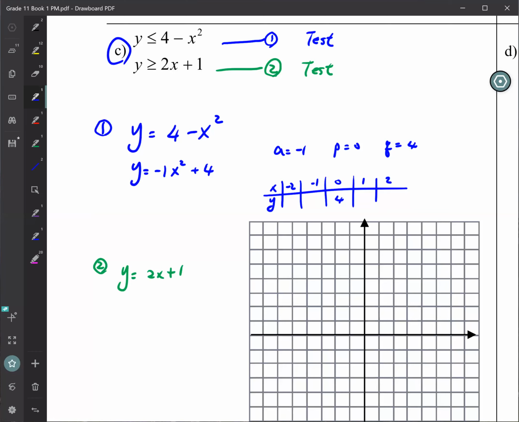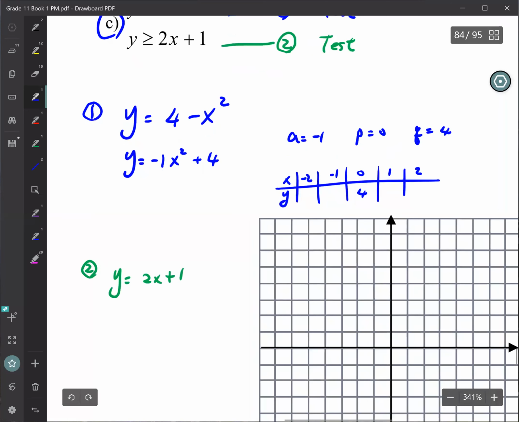Okay, Jenny, what's your value for y, from left to right? I have 0, 3, 4, 3, 0. Thank you. Looks good. So let's plot that.